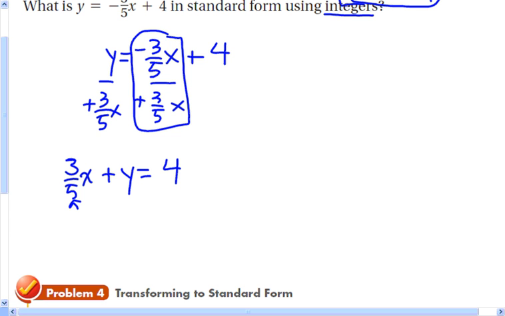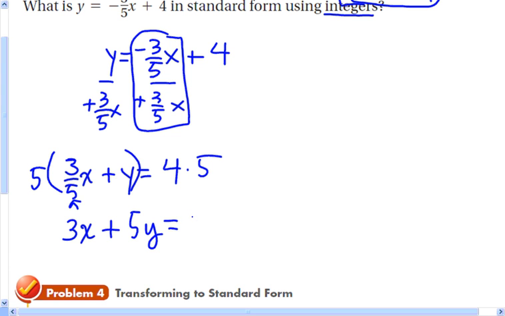One way we can do that, if I multiply by the denominator, 5, if I multiply both sides by 5, when I multiply 5 times 3/5, using the distributive property, I get 3x. 5 times y is 5y, and 4 times 5 is 20. Now, a is 3, b is 5, and c is 20. They're all integers, and this is in standard form.